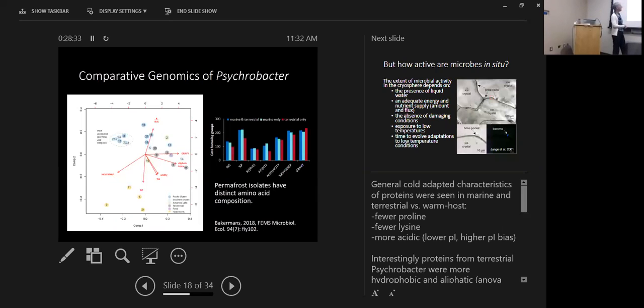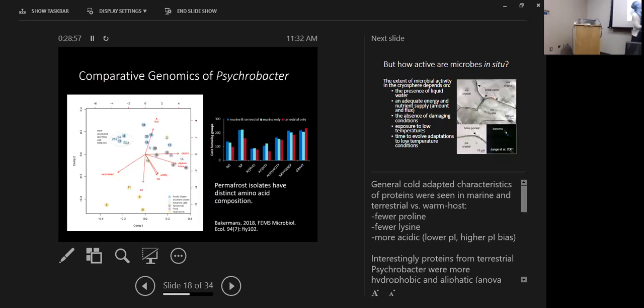And you can see that the organisms group a little bit by habitat. Here are all our organisms that are associated with warm hosts, and not too surprisingly, they look a lot more mesophilic in their amino acid composition than the other Psychrobacter. Particularly, they have much higher proline content. All the marine and terrestrial Psychrobacter are over here.